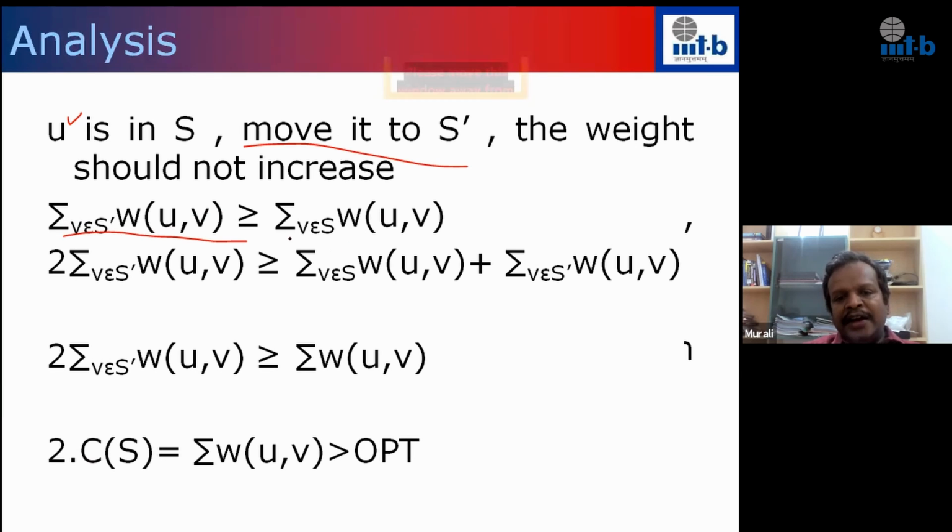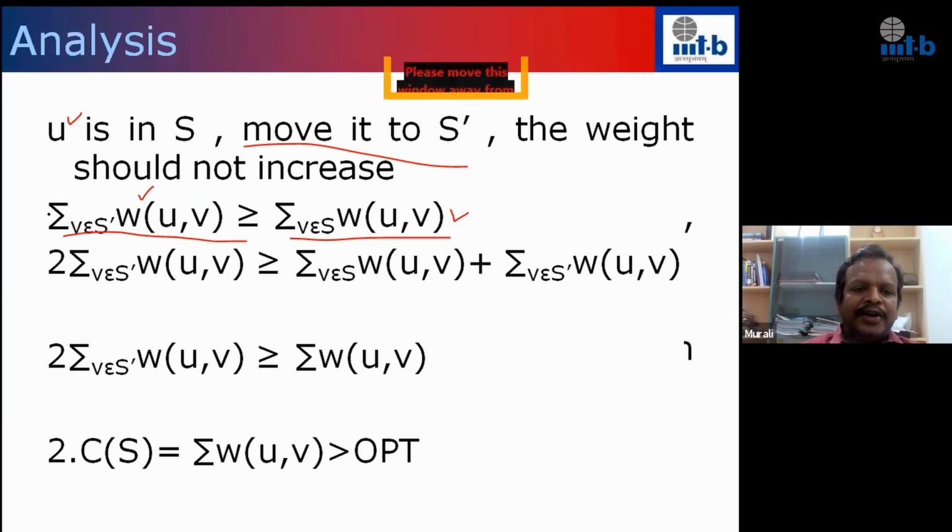If you move U to S dash, then you have to look at all the edges U, V where V is in S. Those are the cut edges after moving. So the first sum should be greater than or equal to this. If this was smaller, that means moving was useful, so I would have moved it.